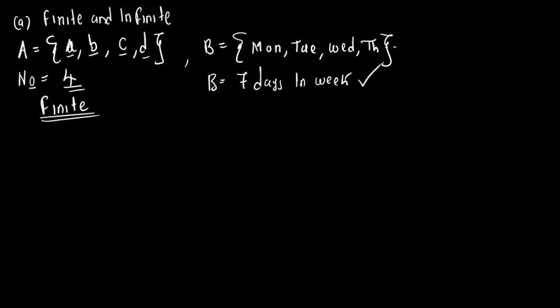But when it comes to an infinity set, it becomes different because, let's give an example of A. Imagine if we say that A is a set of the number of, let me just say, sand particles on Earth. Well, you can't count sand, so this becomes an infinity set.